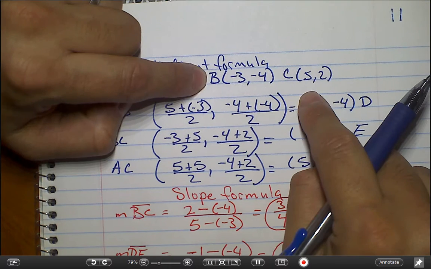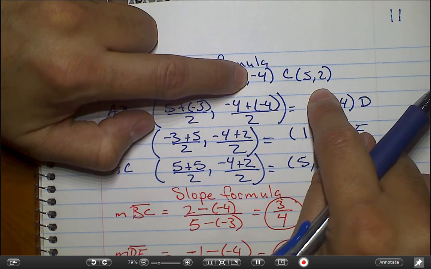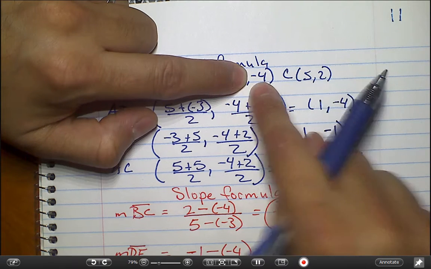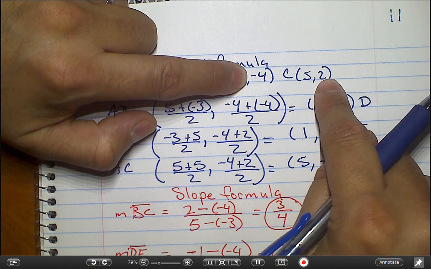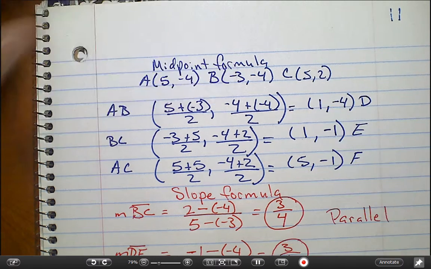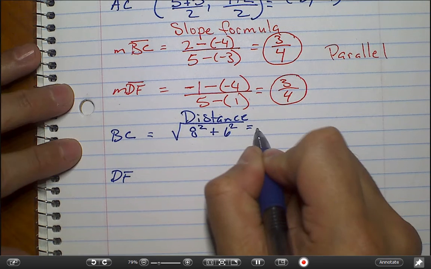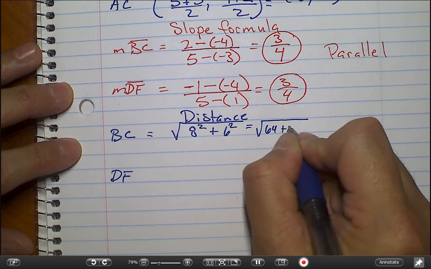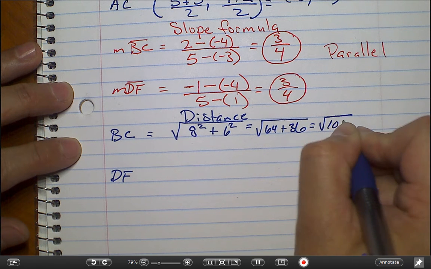Now we're going to do my delta y. So we're still at BC. What is my delta y here? It's going to be 6. Because from negative 4 to 2 is 6 apart. That's what that means. So that's going to be 6 squared, which is equal to the square root of 64 plus 36 is equal to the square root of 100.